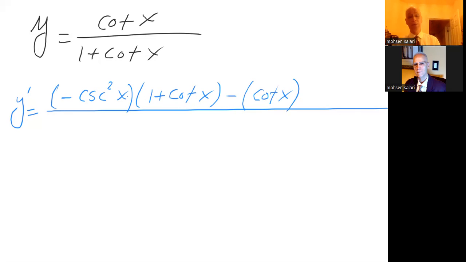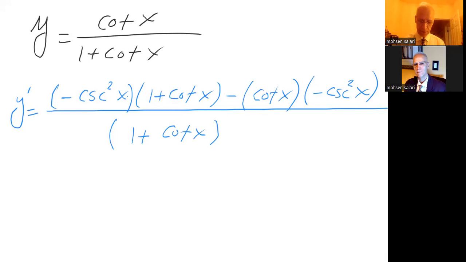The derivative of 1 is 0. The derivative of cotangent of x is minus cosecant squared of x, all over 1 plus cotangent of x to the second power. Let me change colors.